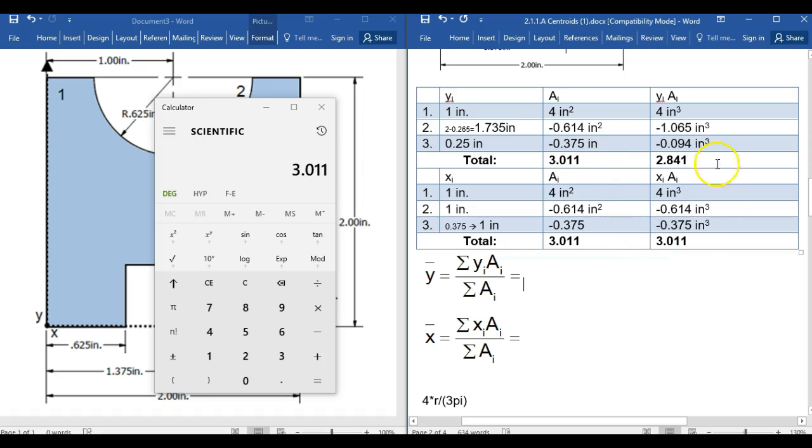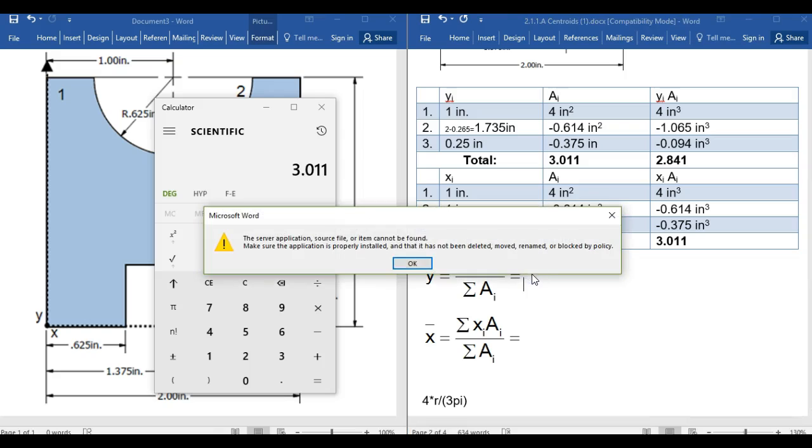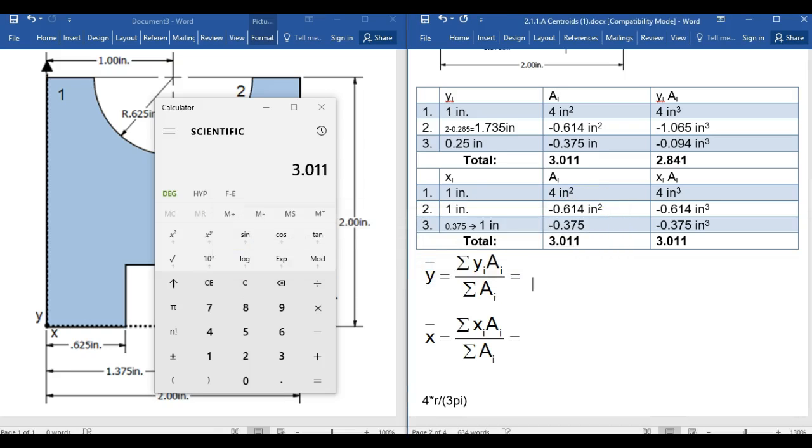So now I have my totals, and I can go down to the equations that were given to us on the equation sheet.